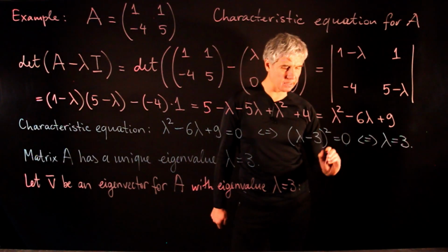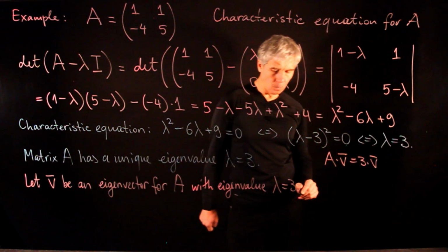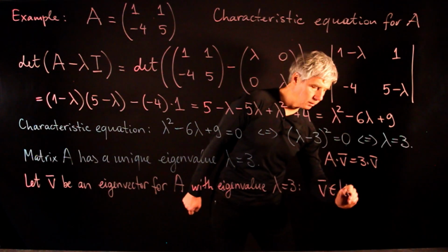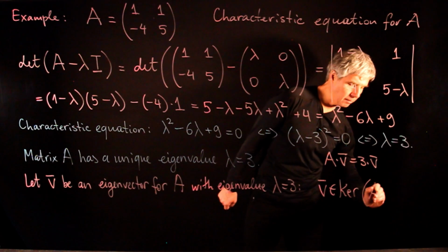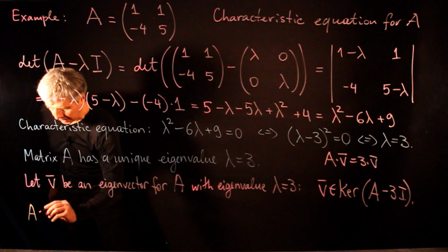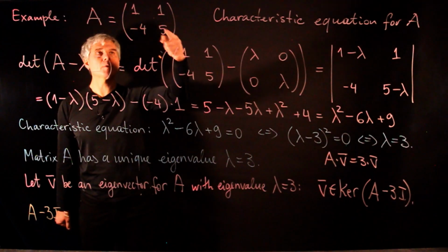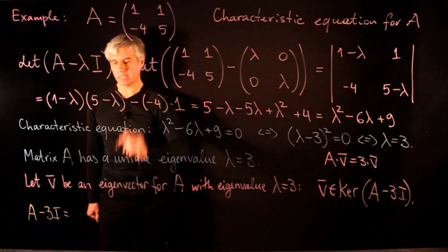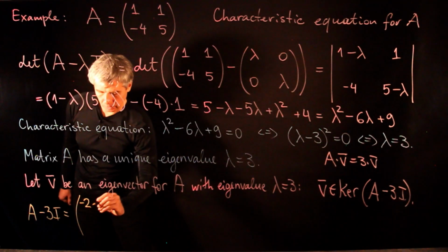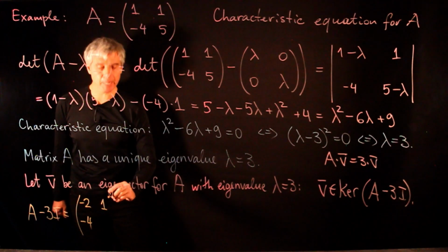This tells us that A times V is equal to 3 times V, or equivalently, this says that V belongs to the kernel of the matrix A minus 3I. So the matrix A minus 3I is the following. We subtract 3 from the diagonal entries of matrix A. And so this gives us minus 2, 1, and minus 4, and 5 minus 3 is 2.